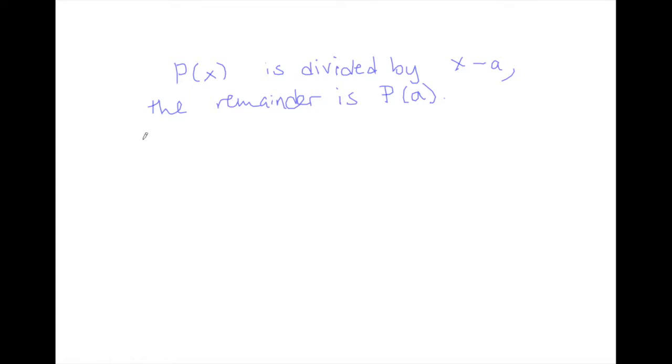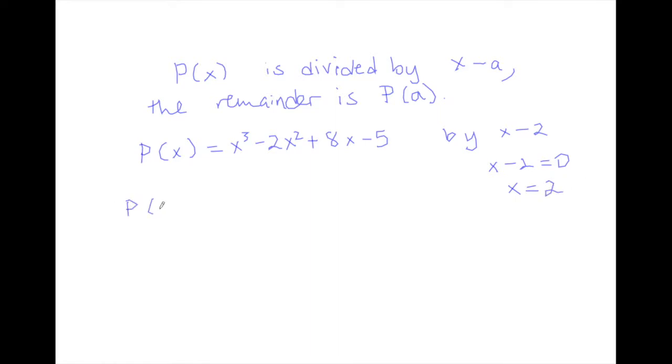So let's say we've got p of x equal to x cubed minus, say, 2x squared plus 8x minus 5. If we're dividing this p of x by x minus 2, we simply put x minus 2 equal to 0, and we find an a value of 2, and the remainder is simply p of 2.